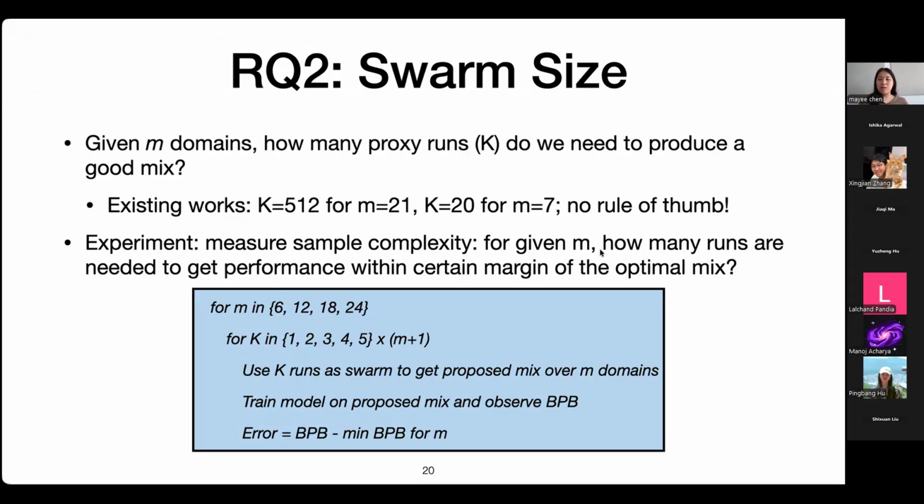So in this box here, we look at domain sets of size 6, 12, 18, and 24. And then we vary the number of runs k, so we scale it linearly in terms of the number of domains. And for each of these M and k, we'll train a model, look at its performance, and report the error as its performance versus the performance of the best mix we found overall. And that's our approximation of close to optimal.